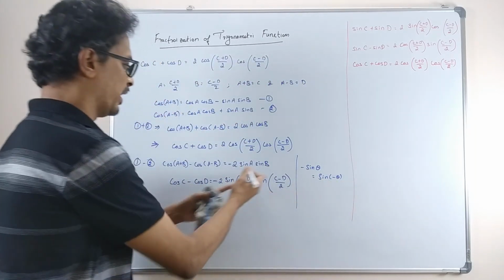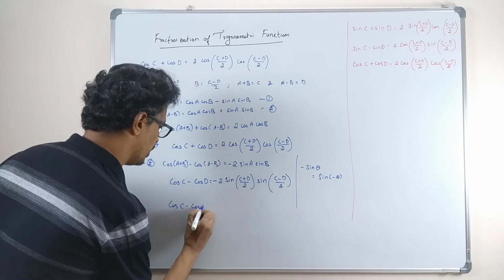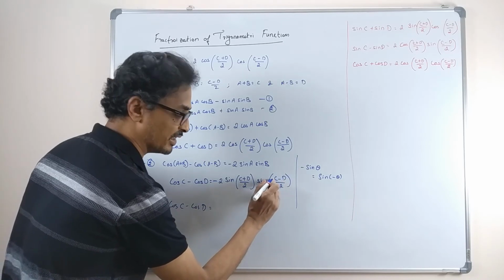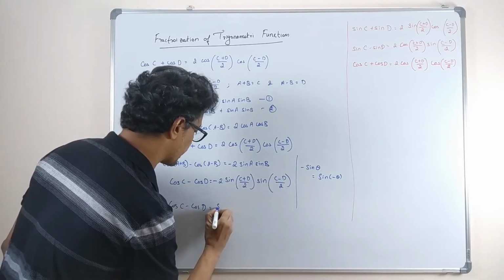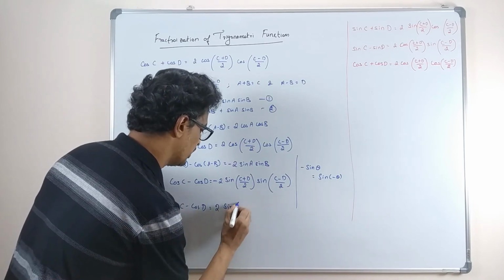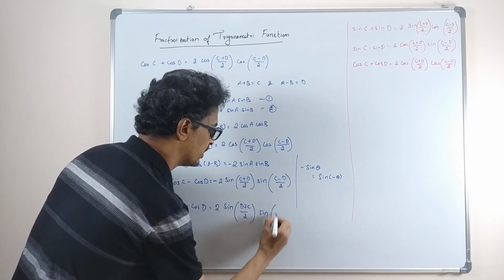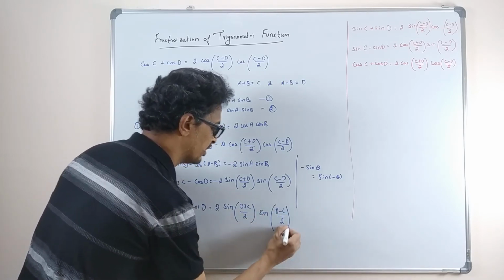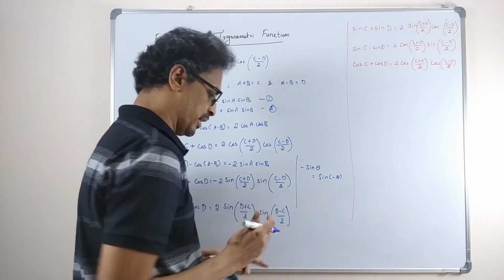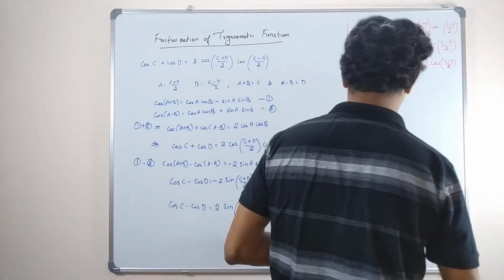So they have taken this minus inside, and cos C minus cos D becomes 2 times sin((D plus C) by 2) and sin((D minus C) by 2). Either way I can write it. I think this is better. The only thing is you have to remember the minus sign.